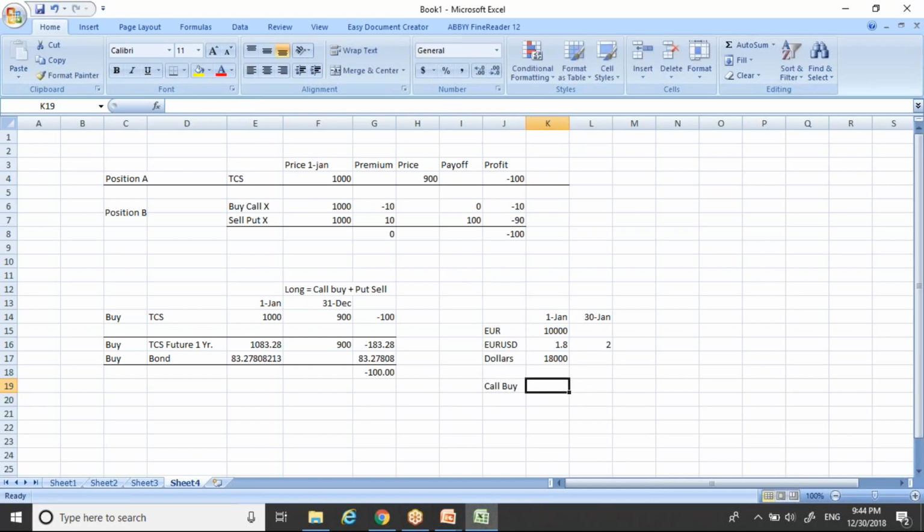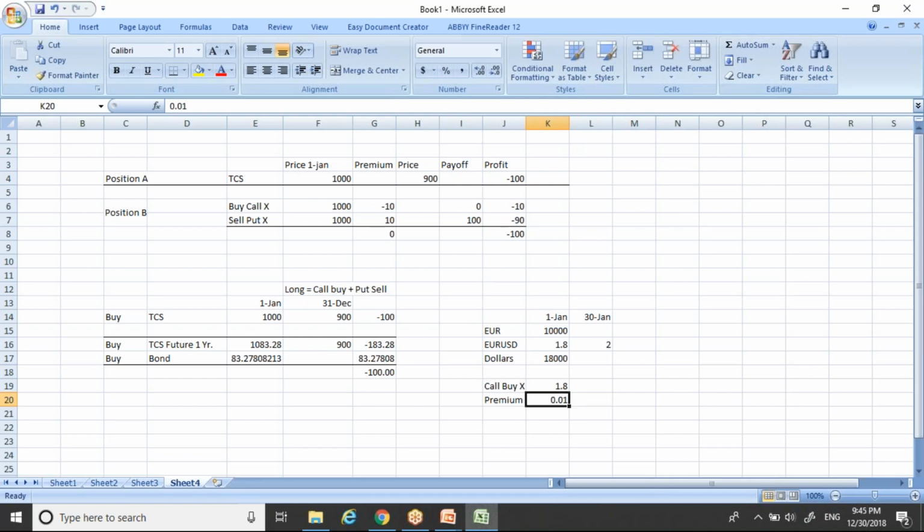Let's say the strike price is the same, 1.8, at the money, and the premium you're paying is 0.01 per euro.